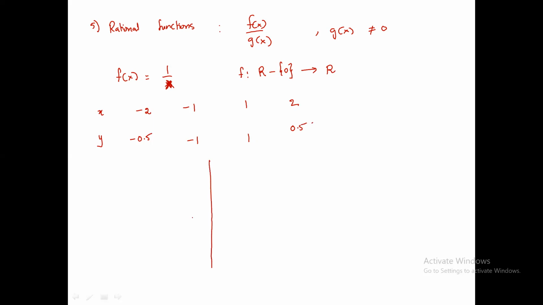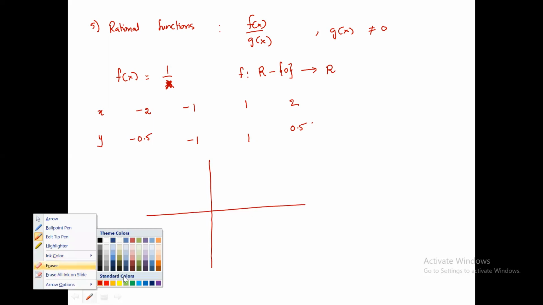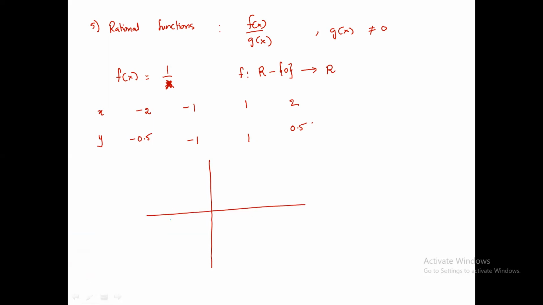So we have taken only a few points to plot. So if you plot this, -2, comma, minus 0.5, -1, comma, -1, 1, comma, 1, 2, comma, 0.5. And further also, if you take some more points, you can see the graph will be going like this.